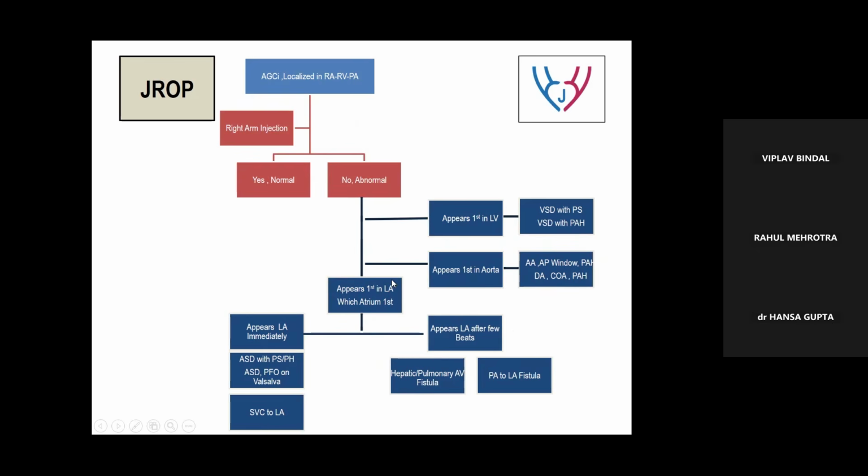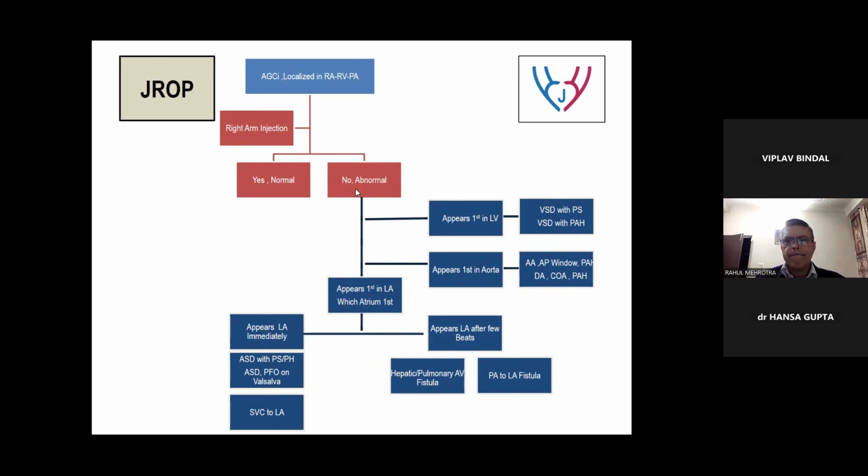Then if it appears first in the atrium, now it's which atrium it appears in first. That's the most important thing. If it appears in the left atrium immediately, then ASD with PS or PH, or ASD, PFO with Valsalva. Next comes supra SVC to LA, and there it appears first in the left atrium.